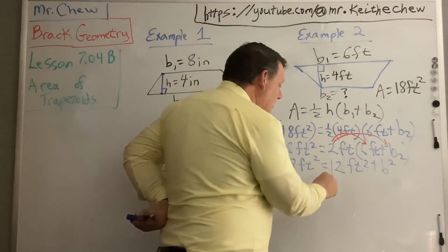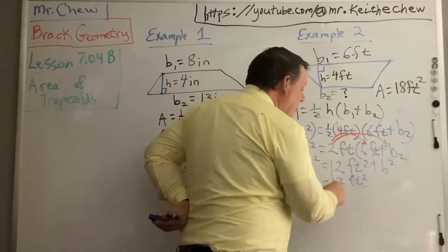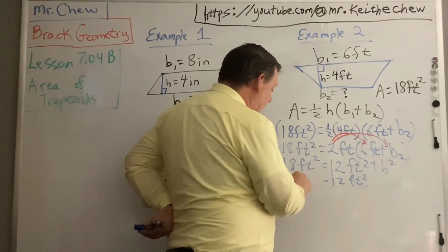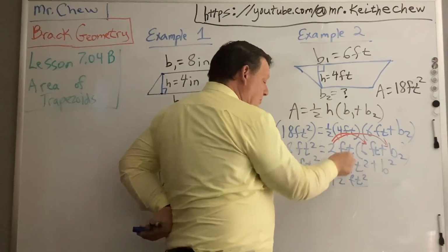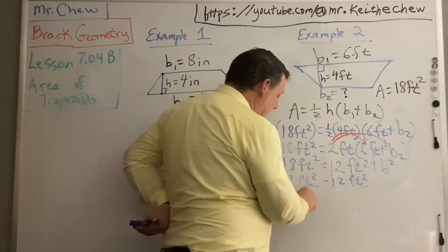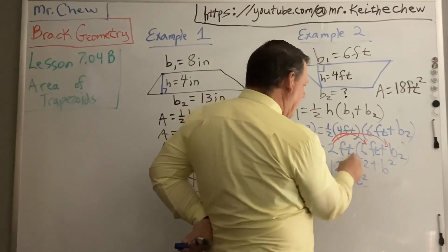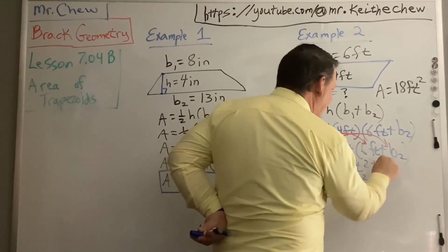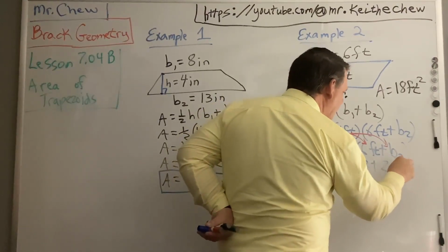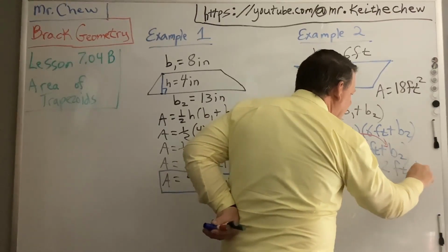So I subtract using the subtraction property of equality, 12 feet squared from the left, 12 feet squared from the right. This crosses out, and I have 6 feet squared equals, and this is wrong here, this is 2 feet times b sub 2.